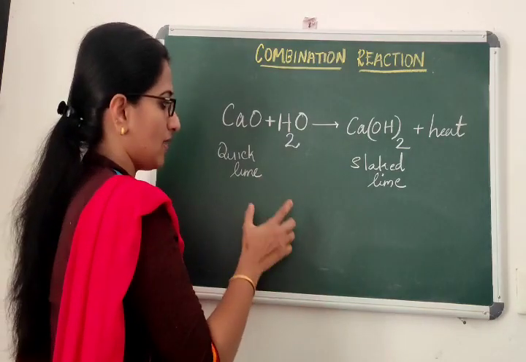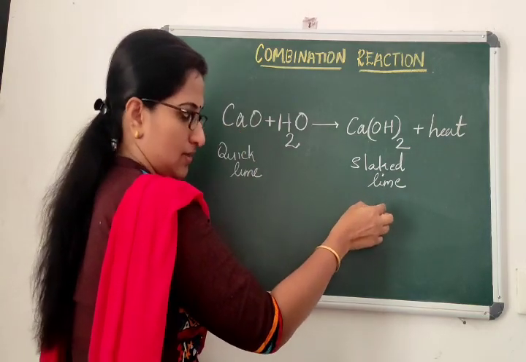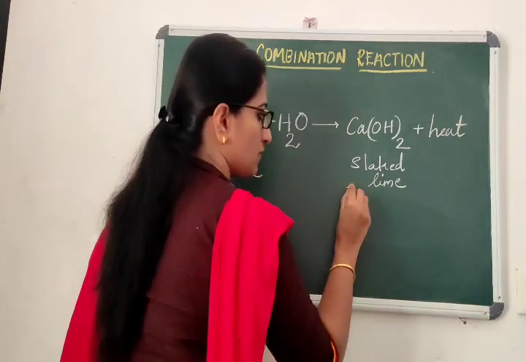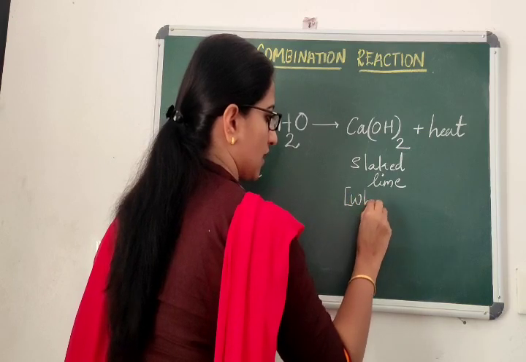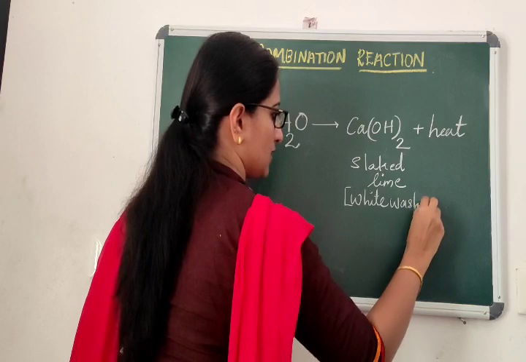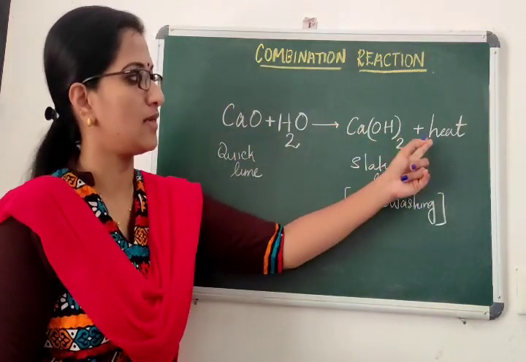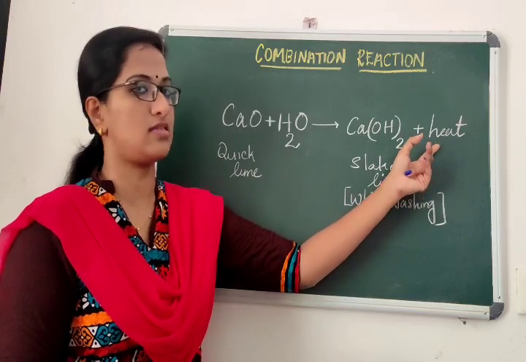So look here, children, when you add water to the quicklime, you get slaked lime. This slaked lime is used for whitewashing. And look at this equation, children. During this time a large amount of heat energy is produced.